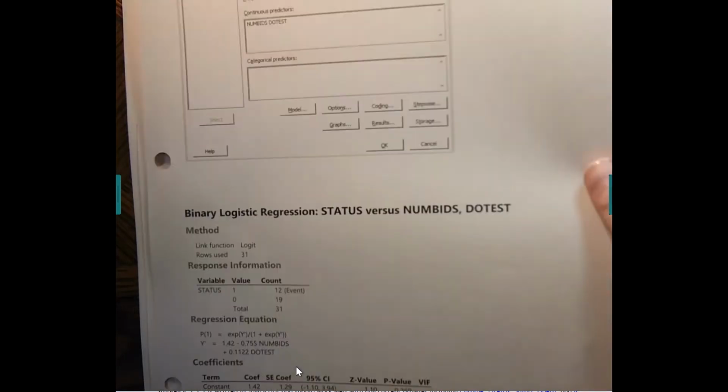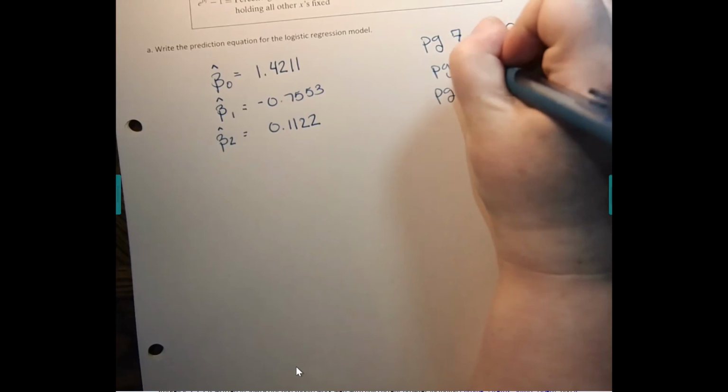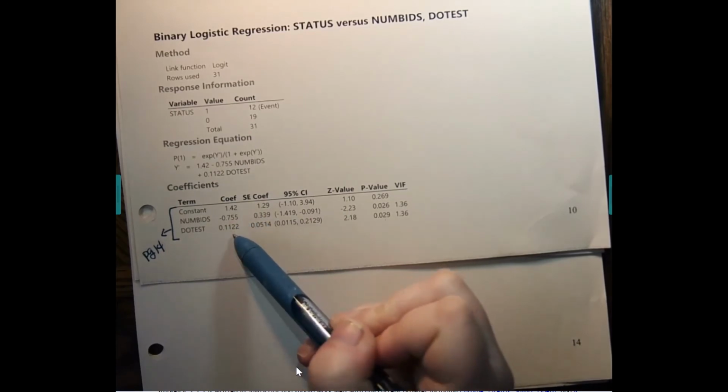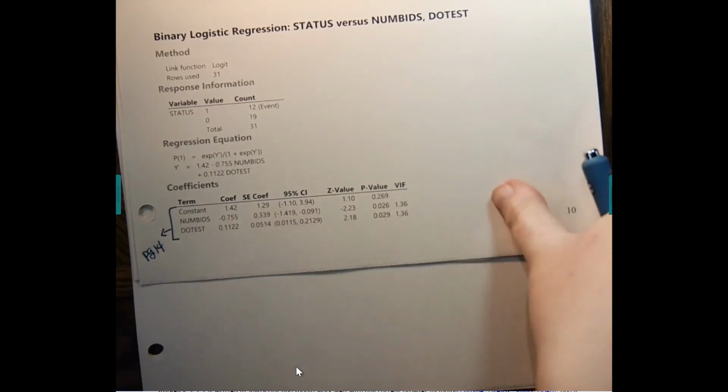Yeah, it's on page 10, so let me fix that. That is an error. We actually want page 10 right here. If we look at the very bottom of page 10, here are the estimates we need for page 14. Notice you've got beta naught hat, beta 1 hat, and beta 2 hat. So again, this is page 10.